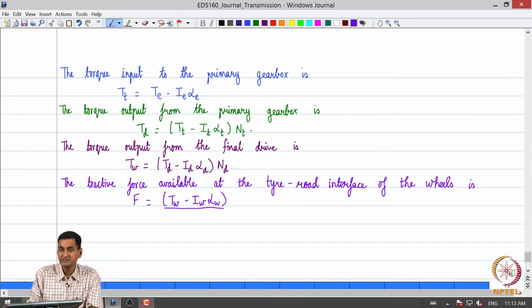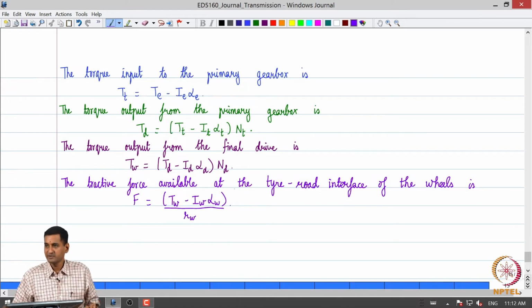This is the torque which is coming out, divided by the radius of the wheel assembly, and that will give me a force, along the longitudinal direction of motion. So, this is going to be the force at the wheels that can be used for driving the vehicle, and this is coming from the powertrain.